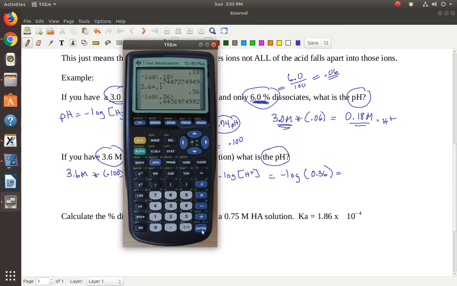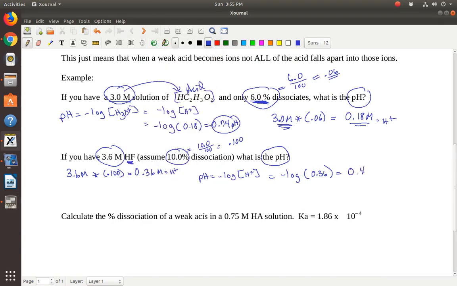I get 0.44. 0.44. That's the pH. Okay? All right, so those are pretty easy. It's just reviewing: take the percentage, multiply it by the molarity to figure out the concentration of the hydrogen ion, put that into the formula for pH, and you've got the pH.